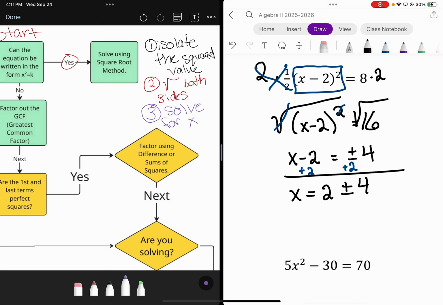If there are no square roots that are left, or no imaginary numbers, you are going to separate this and solve. So one of them we're going to add, one of them we're going to subtract. That's where we're going to get two different answers. So we'll have x equals 2 plus 4 and x equals 2 minus 4. Then we simplify. We get x equals 6, x equals negative 2.